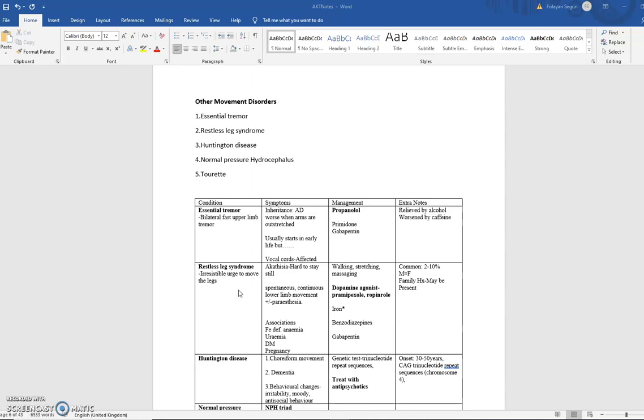In the world of movement disorders, it's one of the disorders we characterize as akathisia. That is, the person involved finds it hard to stay still.